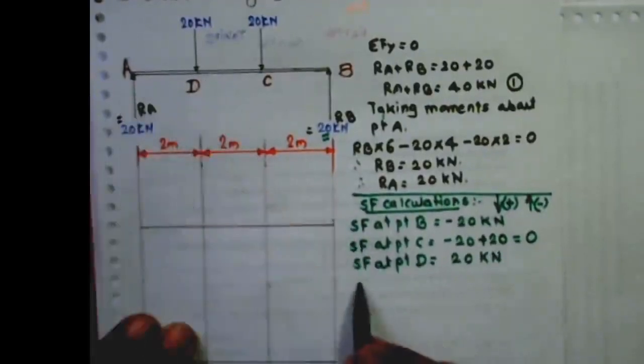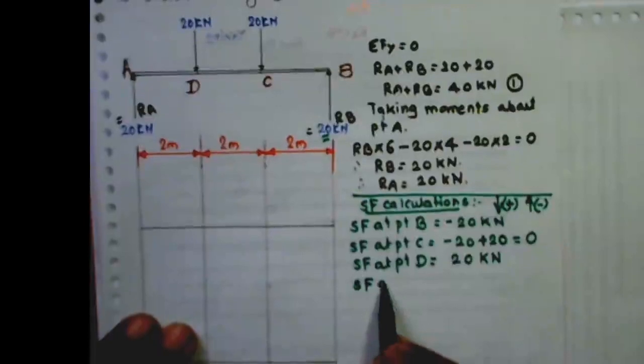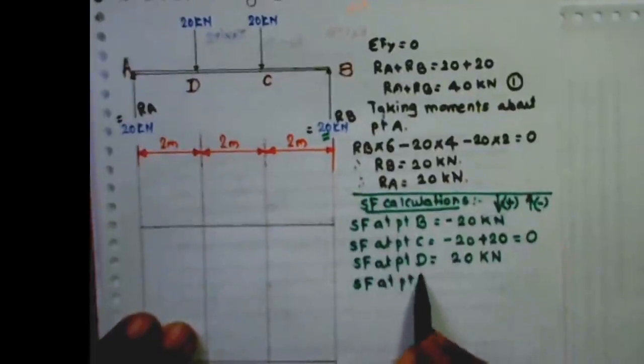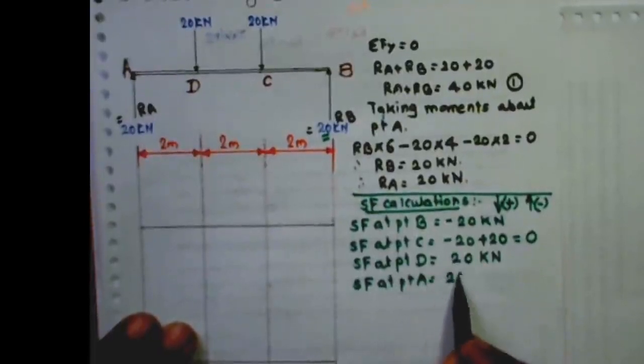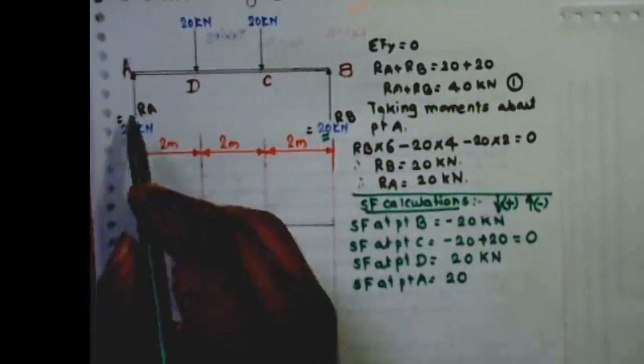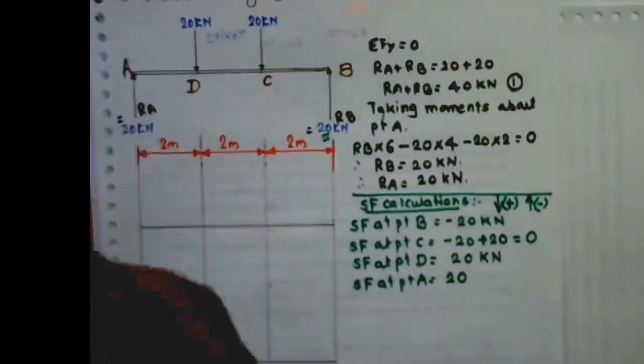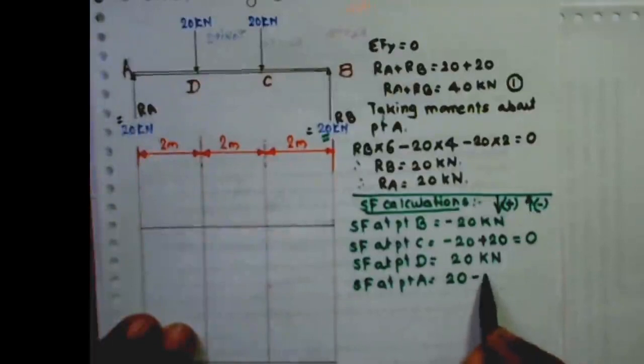Between points D and A there is again no load, so at point A 20 kilonewton is acting here, and just to the left of that, you may say minus 20, so it becomes 0. You may take it in this manner also, just the left side of point A.